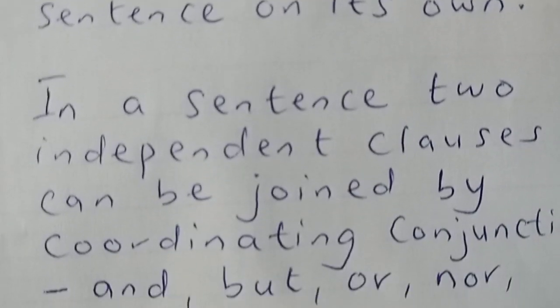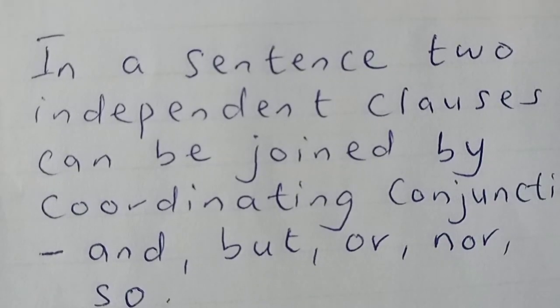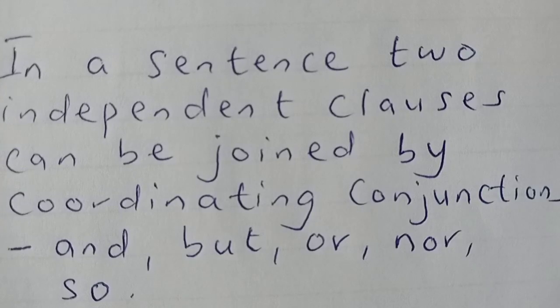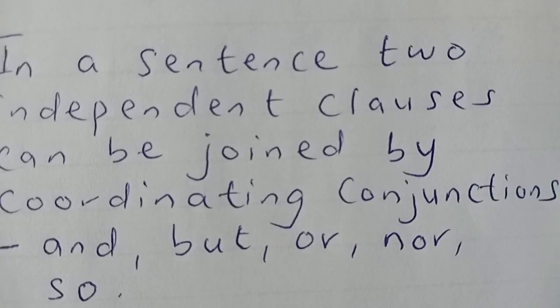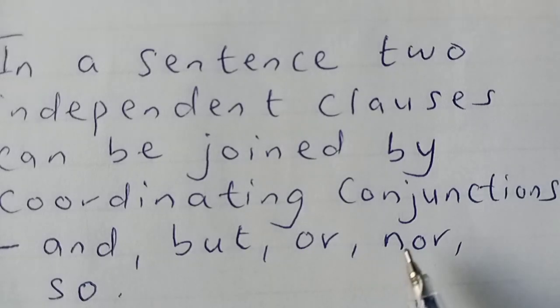Now, in a sentence, two independent clauses can be joined by coordinating conjunctions. And these coordinating conjunctions are and, but, or, nor, or so.